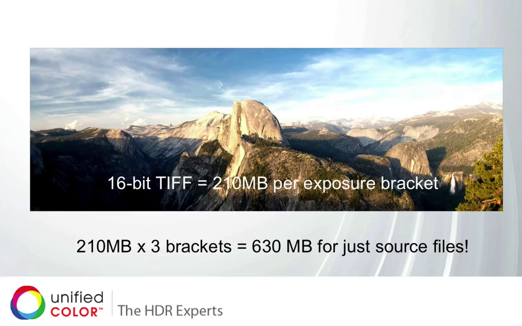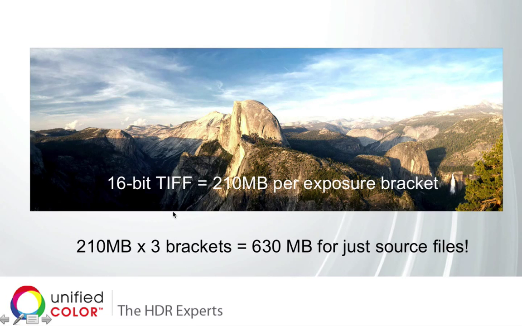The problem with this is that a 16-bit TIFF file from this particular panorama turns out to be about 210 megabytes per exposure bracket. These photos were taken a while ago with a Nikon D300, a 12 megapixel camera. If you're using a newer, higher resolution camera, these files will get even larger.